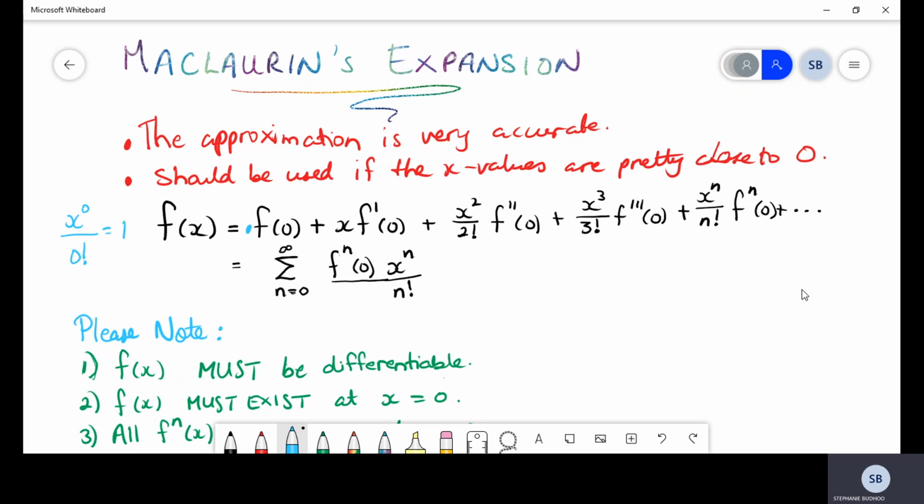So that's why the coefficient in front here is missing. However, the second term is there. You'll see x to the power of 1, and of course that's over 1 factorial. Then it keeps on increasing to the power of x to the n over n factorial.